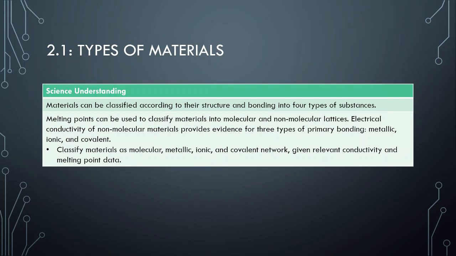Electrical conductivity of non-molecular materials provides evidence for three types of primary bonding: metallic, ionic, and covalent. And also, more for the third video that we'll do, classify materials as molecular, metallic, ionic, and covalent network lattice, given relevant conductivity and melting point data.